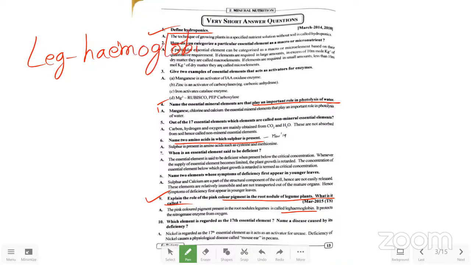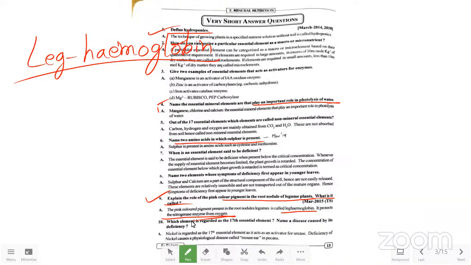Leghemoglobin is the pigment responsible for giving the red color, and it protects the nitrogenase enzyme from oxygen. Okay, that is the one. Only you have to write this much.